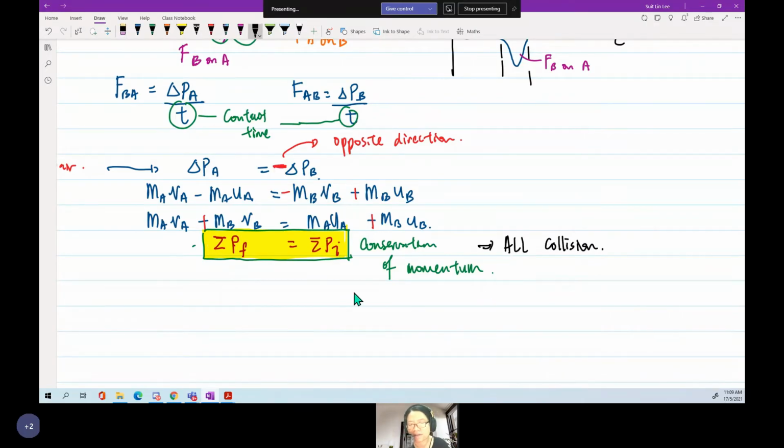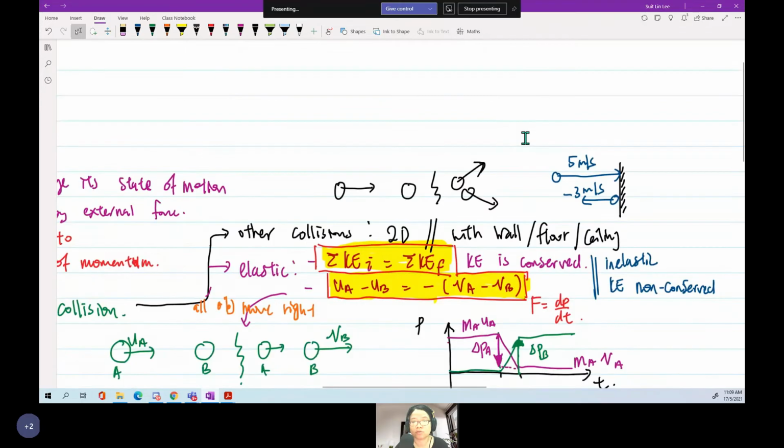Just be aware that for 2D collision, you have to do X and Y. You must do the X direction, like your projectile, and then the Y direction, if you need to.